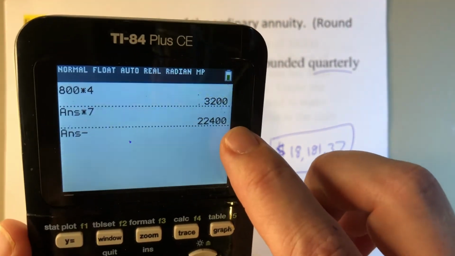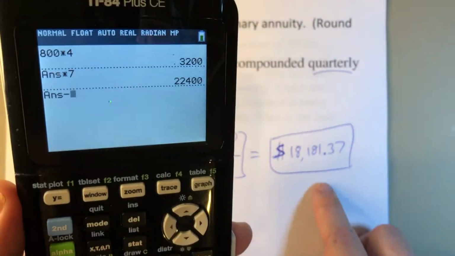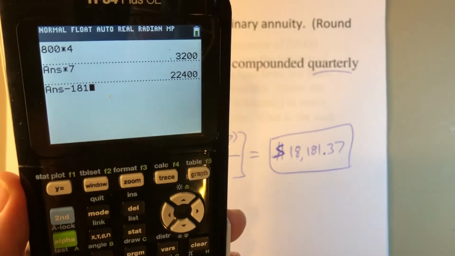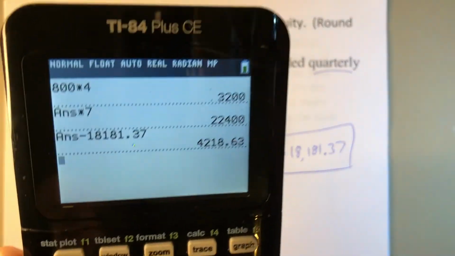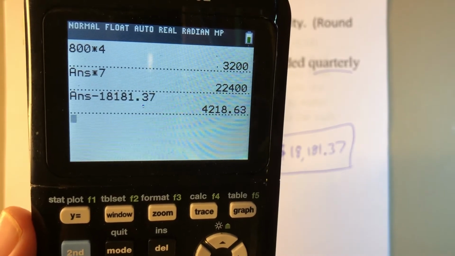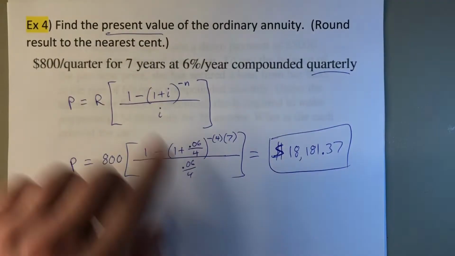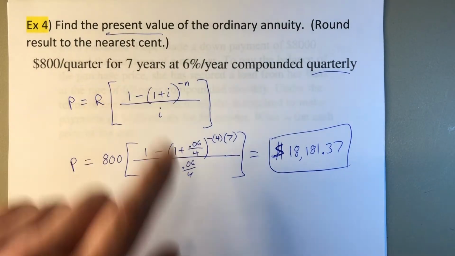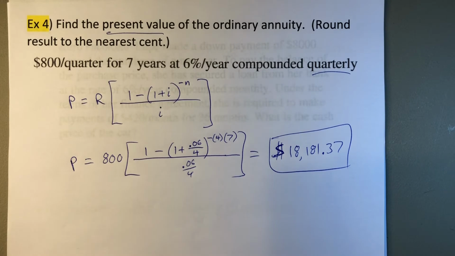Well, it's the total amount of all the payments you've made over the 7 years minus the loan amount. I know this is not what I was asking for, but I'm just going into a little more depth here. So you will have paid about $4,200 in interest over the course of the loan over those 7 years. Hope that makes sense. If it doesn't, you've got to reach out. Send me an email and we'll chat.